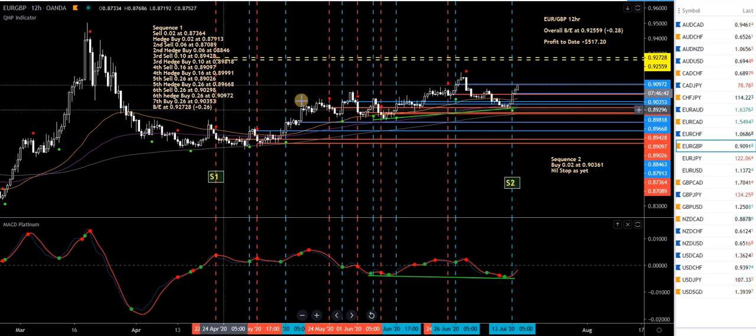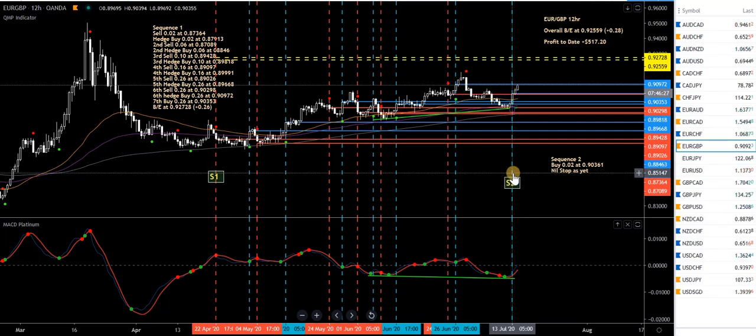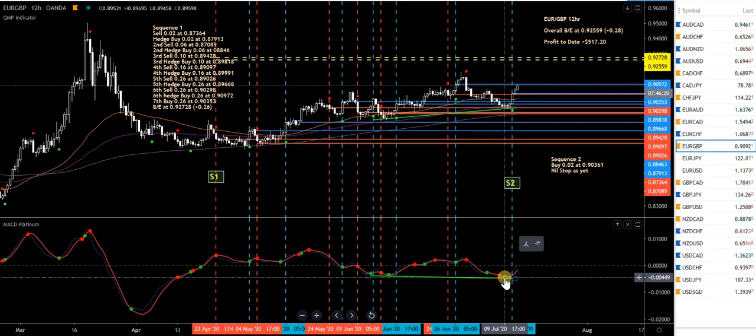So basically I've pivoted on this sequence. Before it was selling, looking to finish with a sell. Now I'm looking to finish with a buy, whether that happens or not. So I've taken a 7th buy in here, and I've commenced a new sequence, sequence 2 here, and taken a buy there also. So MACD Platinum's below the zero level.